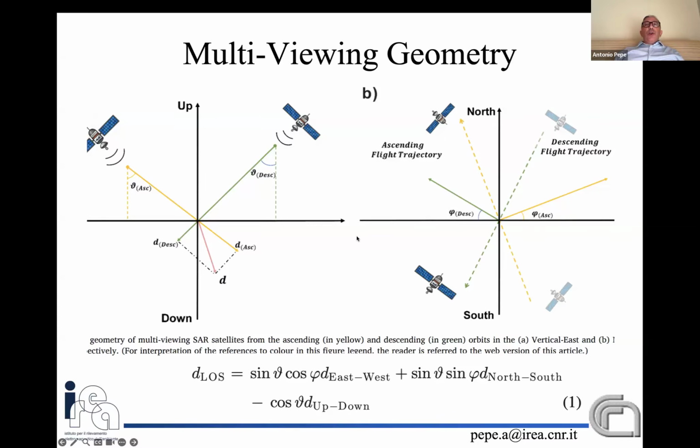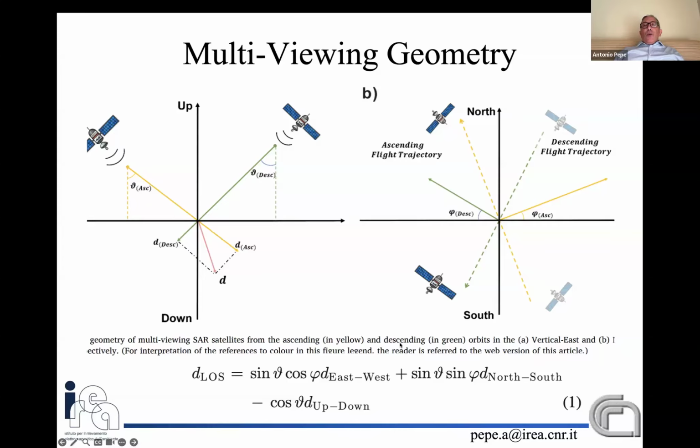So in general, as we know, flight orbits are almost parallel to the north-south direction. So using only satellite information, so using only satellite SAR sensors that fly along polar orbit trajectory, it's quite impossible to reconstruct the north-south component of deformation because this angle phi is very, very small.